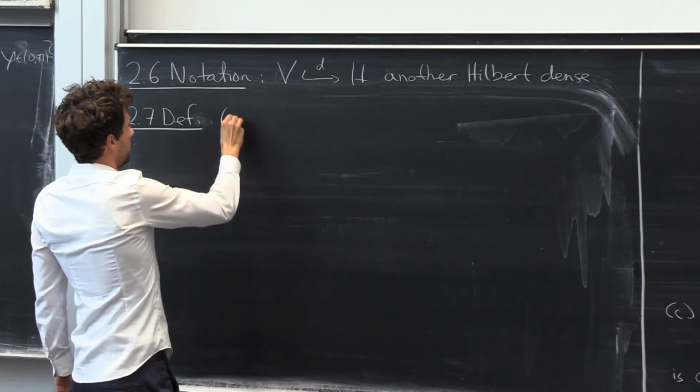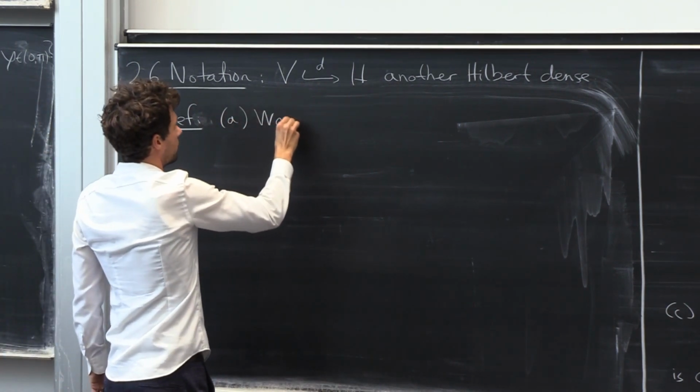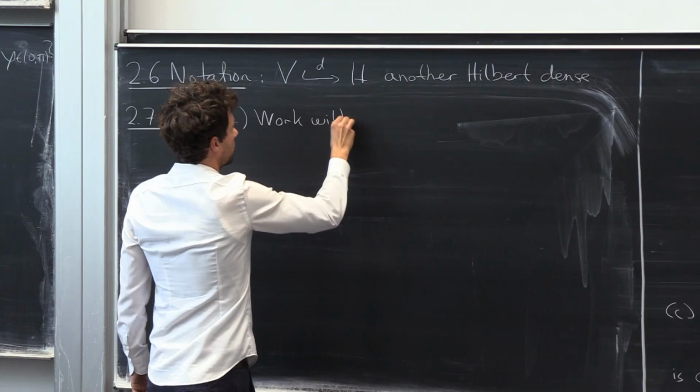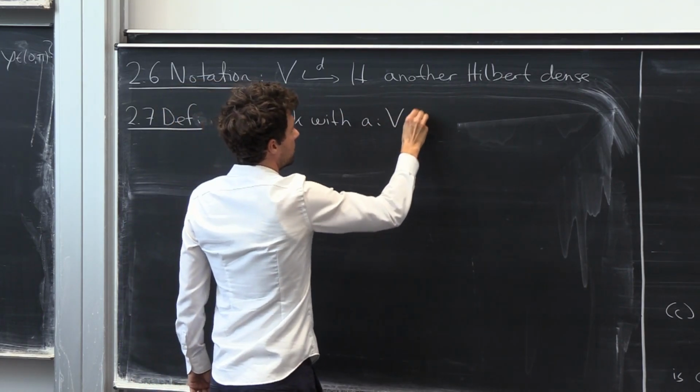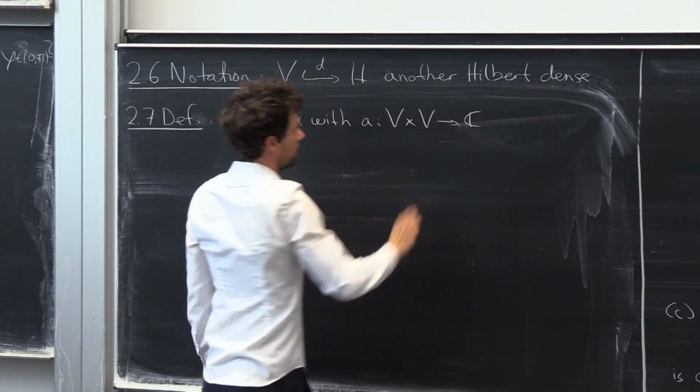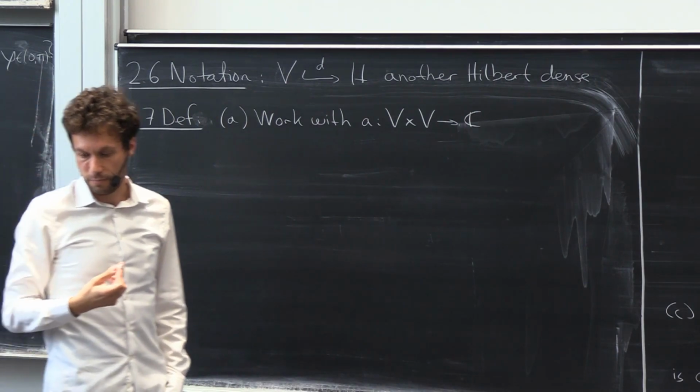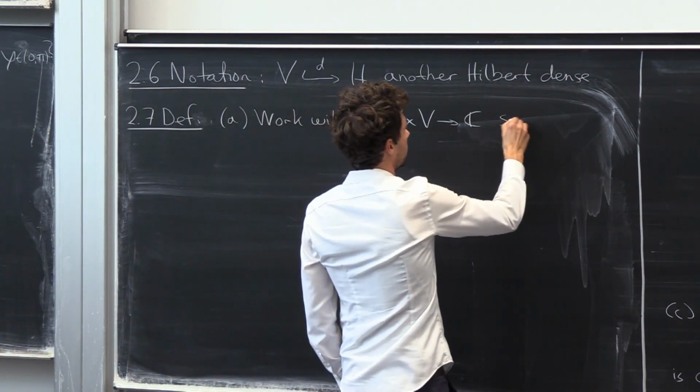Okay, so in the following I'm going to work with A defined on V times V valued in C, and this is going to be a sesquilinear form.